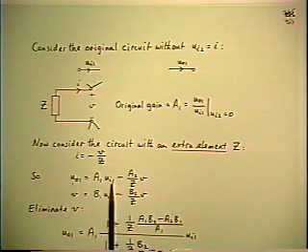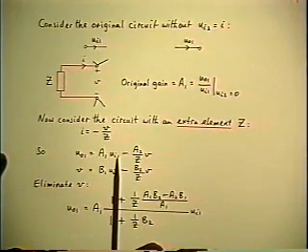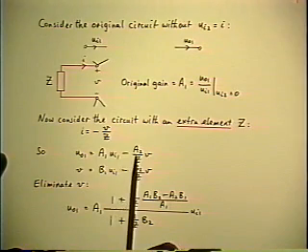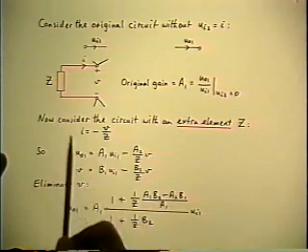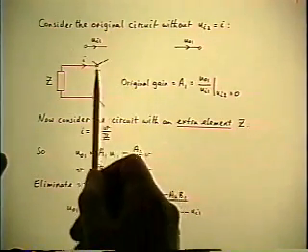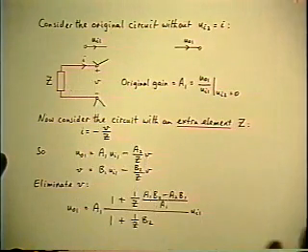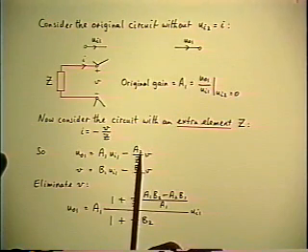Output number 1 is the linear superposition of A1 times the first input plus A2 times the second input. But the second input is minus V over Z. Because remember, the box doesn't know where the I came from. It thinks it's an external input. So you make a direct substitution in the equation.